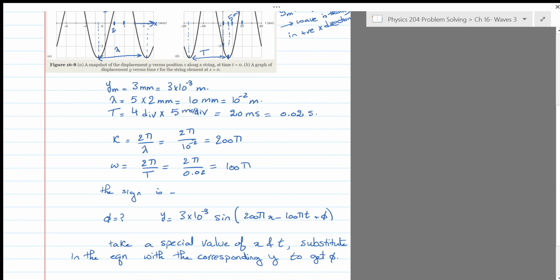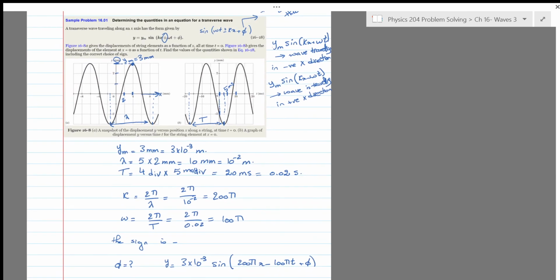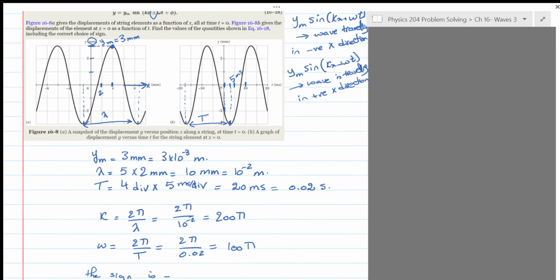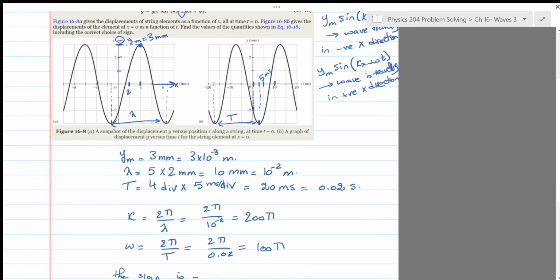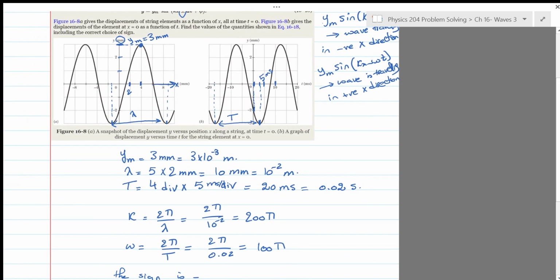So let's take, for example, the position where x and t are 0. When x is 0, the value of y is -2, and the time is also 0.